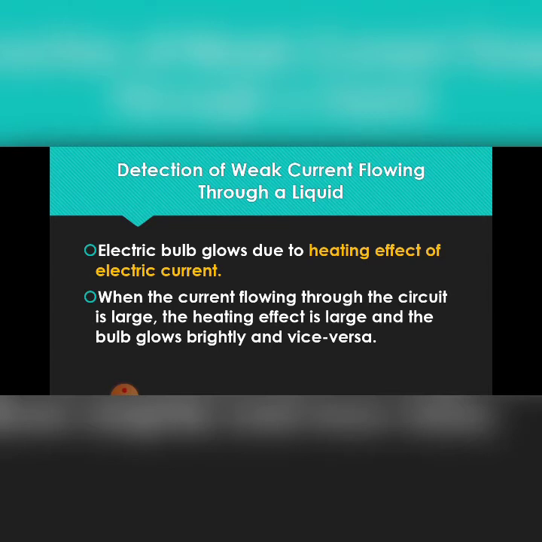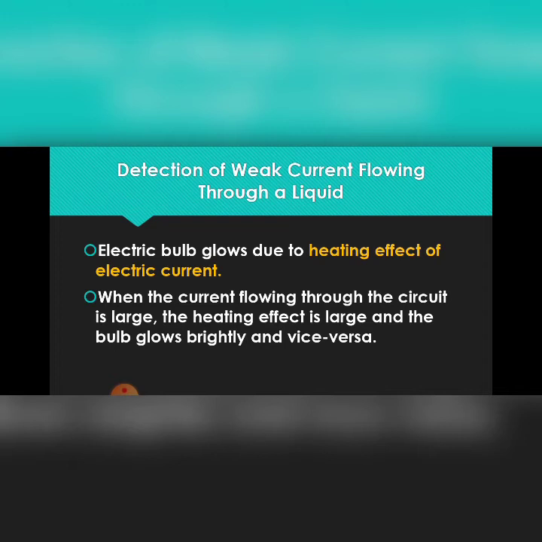If the current flowing through the circuit is small, then the heating effect will be small, and the bulb glows dimly or sometimes may not glow also. So in the case of a weak electrolyte, the current flowing through the circuit will be small. Thus the heating effect will be small and the bulb may not glow.